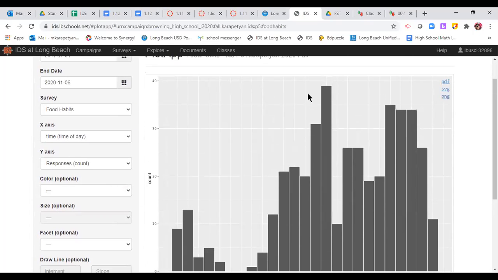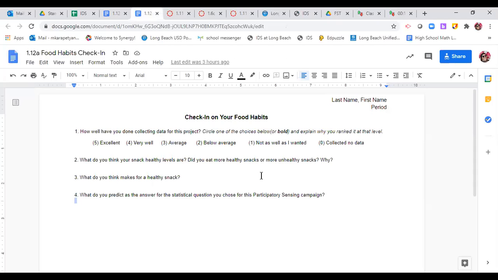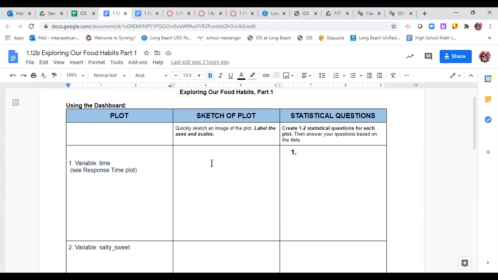And you are going to screenshot this. Your Chromebooks have something called a snipping tool, like snip, snip. You're going to screenshot this and paste this in your 1.12b right here for time. You're going to create 1 to 2 statistical questions and then answer your question based on the plot.